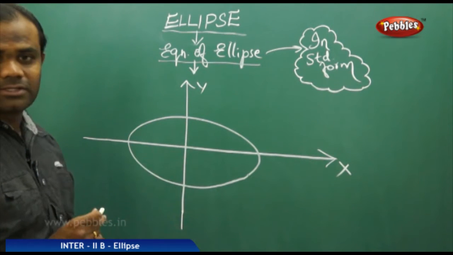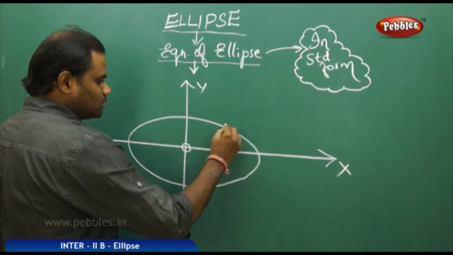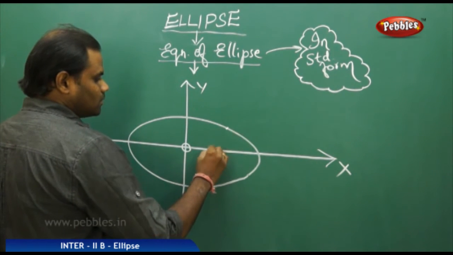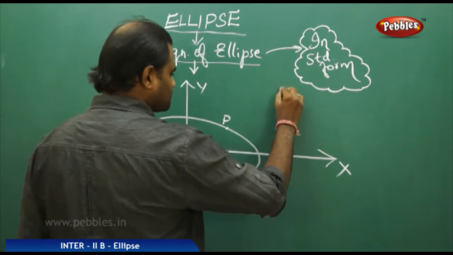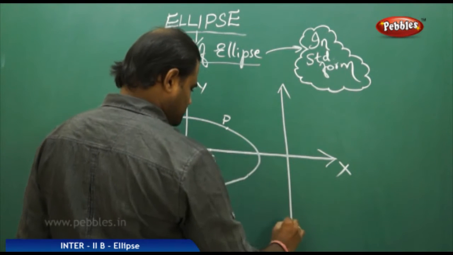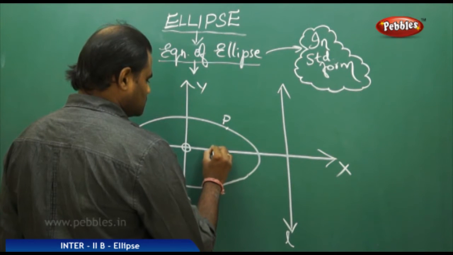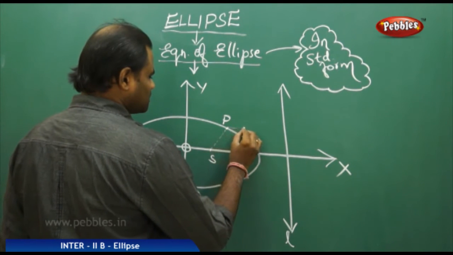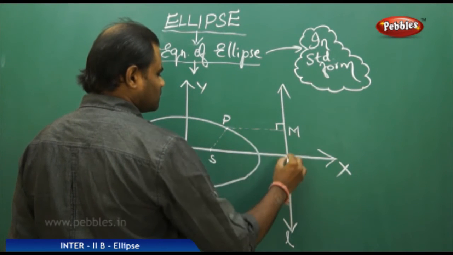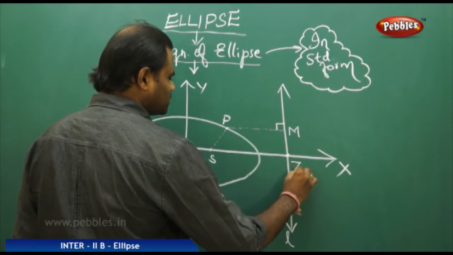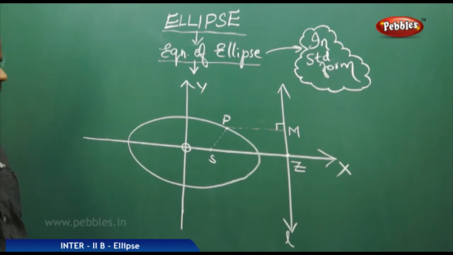This is exactly in the center, where this is the origin, this is the focus, and this is the point P on the ellipse, and this is the directrix L, joined by SP and PM, and this is the point of intersection of the axis and the directrix.